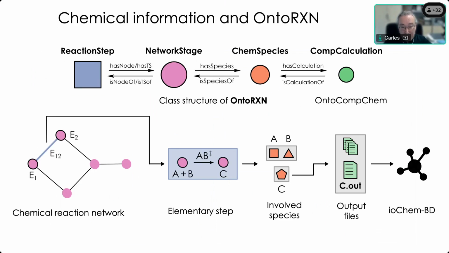In that way, we find that was an easy way to organize the information and to add the knowledge about the mechanism on top of the single, say, DFT or computational chemistry calculations that we usually run. I have to say that there is an ontology related to computational chemistry, and we partly use also that initiative.